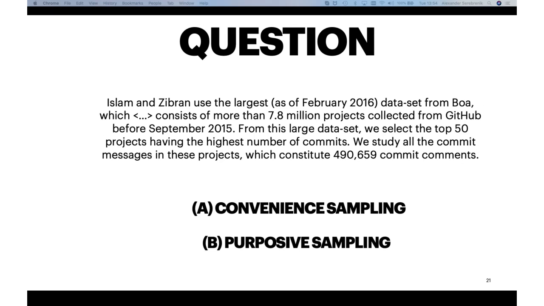Maybe one of you can try to explain why you think that this is purposive sampling or convenience sampling?